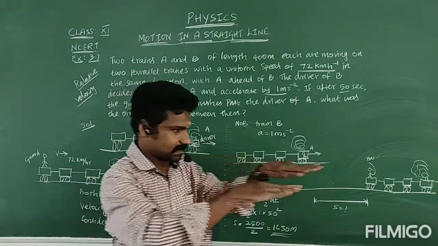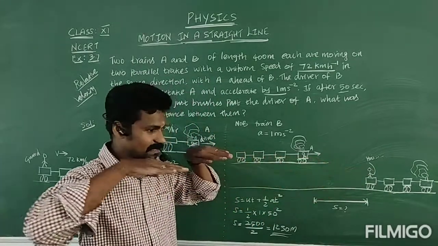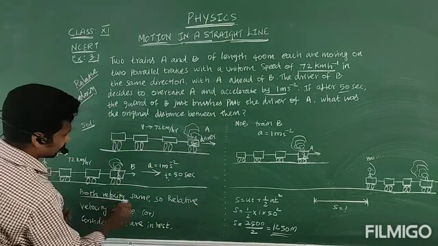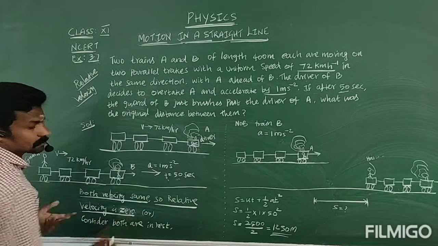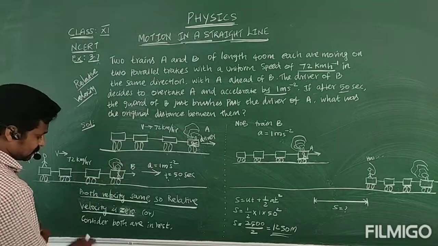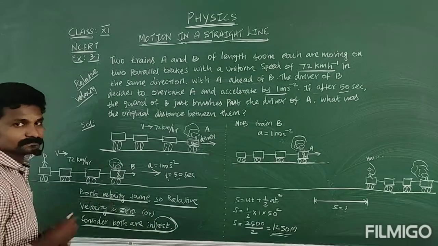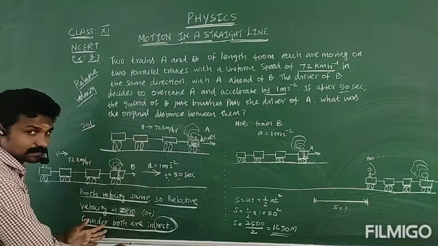Both velocities are in the same direction, so the relative velocity is 0 before the acceleration. So both are considered as in rest position. You understand this diagram and this concept?